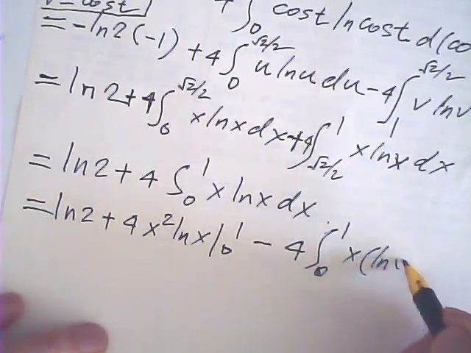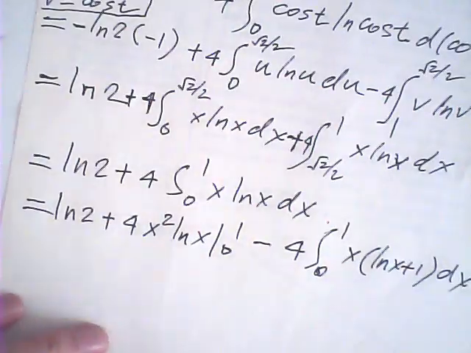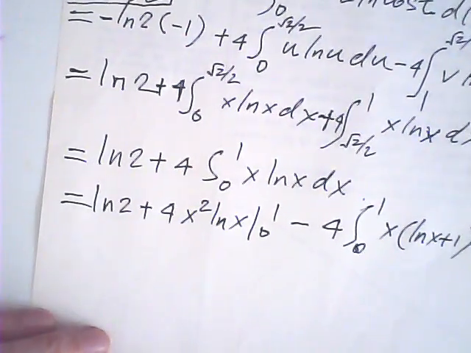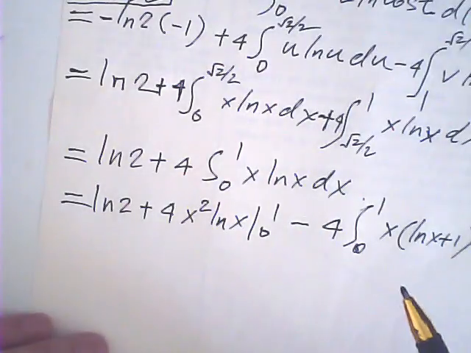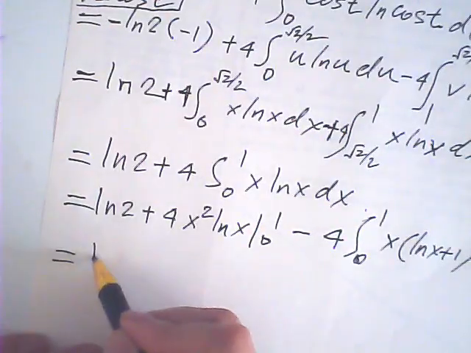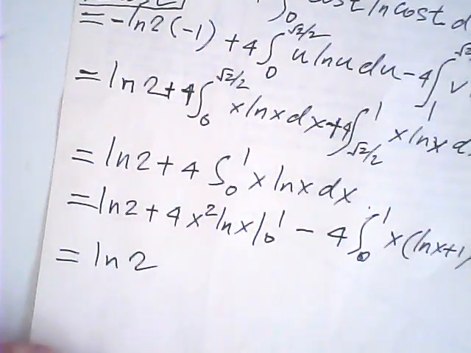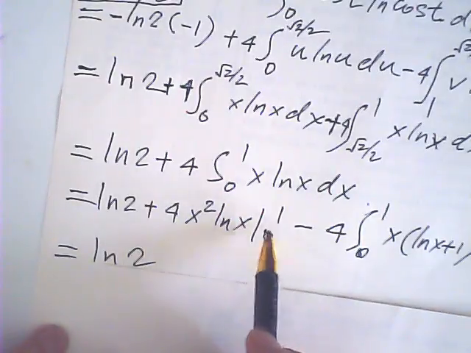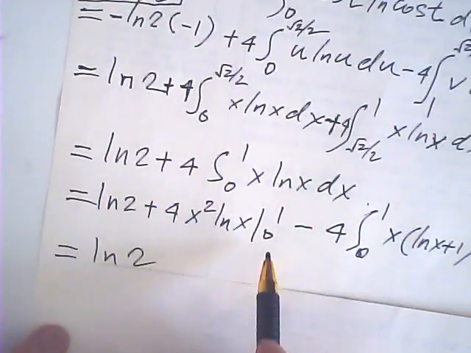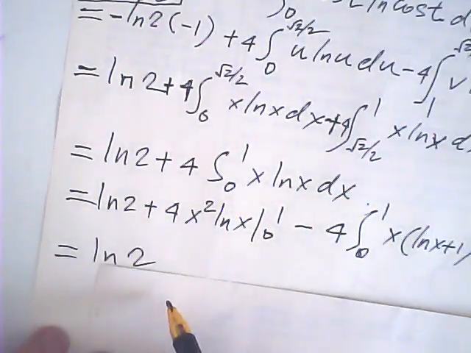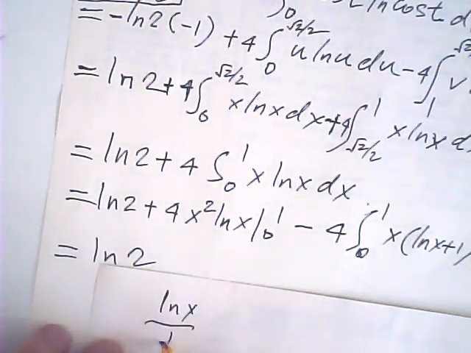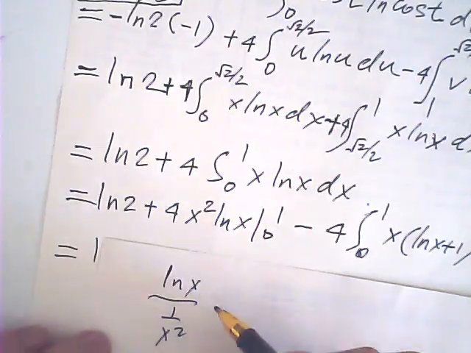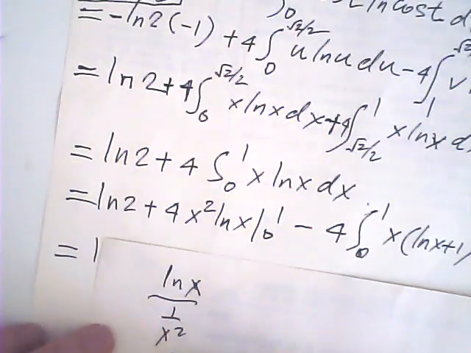That will be log x plus 1. This is log 2. Well, this value, when x equals 1, is 0. When x approaches 0, I use log x over 1 over x squared, using L'Hopital's rule.